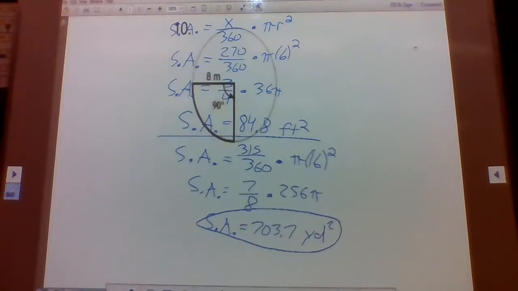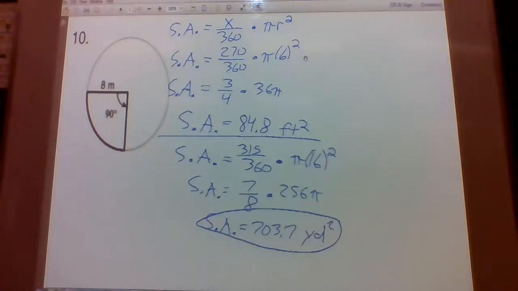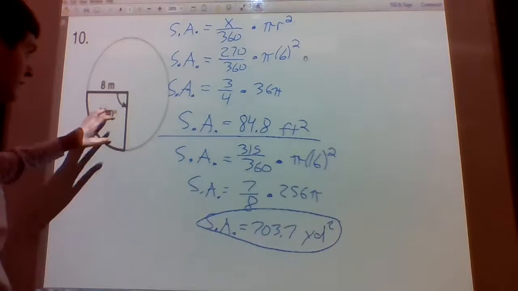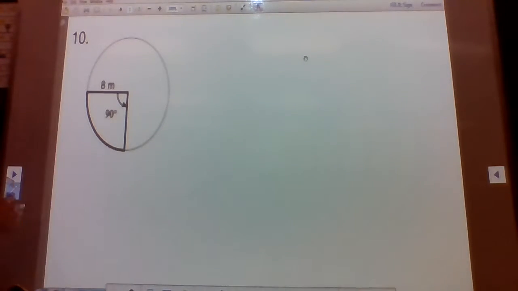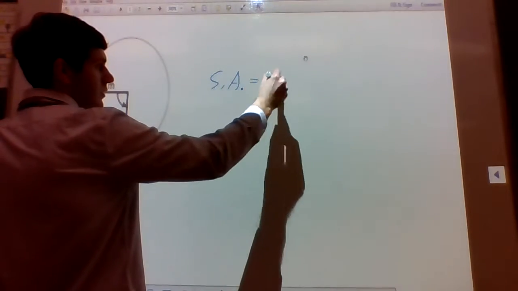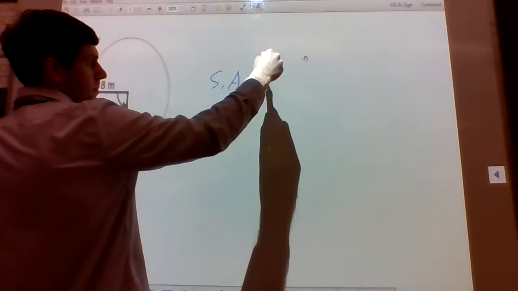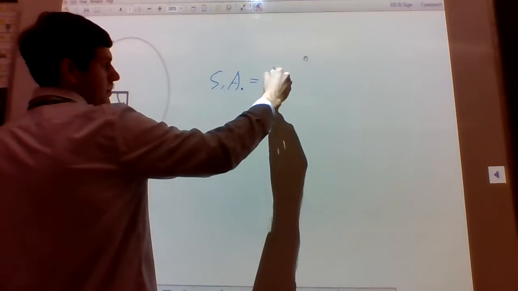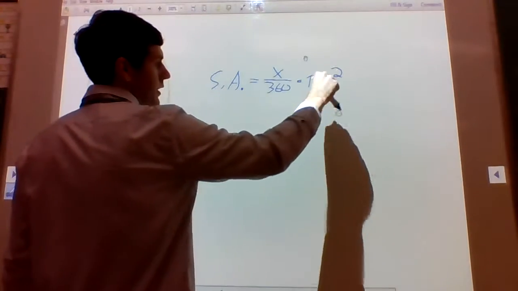The last one, number 10 here. We're only looking at 90 out of 360, so we're only looking at 1/4 of our circle. So again, the whole area is pi r squared.